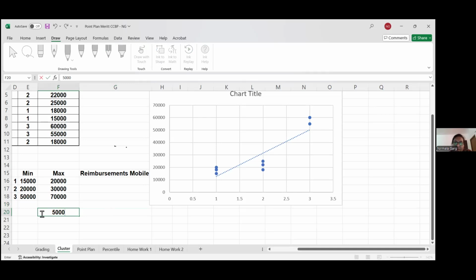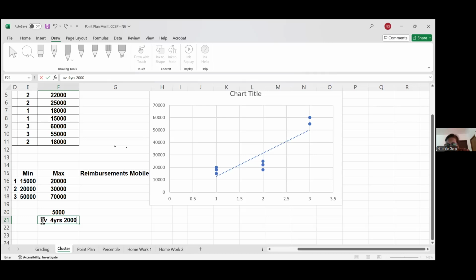Now, how will you create your band? Say, for example, on an average, in your organization, a person gets promoted after 4 years, with an increment of, say, 2,000.